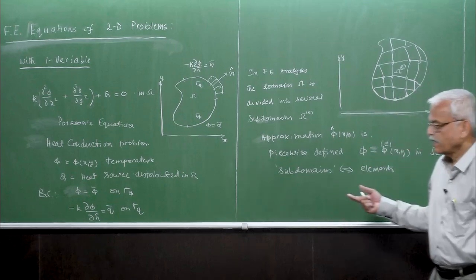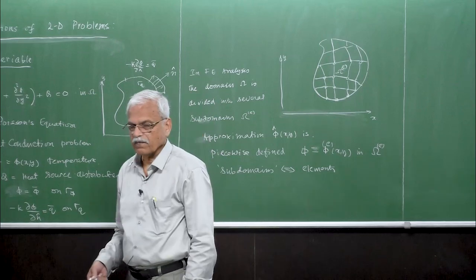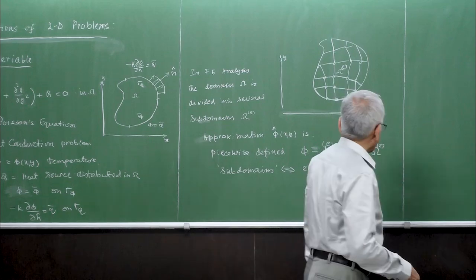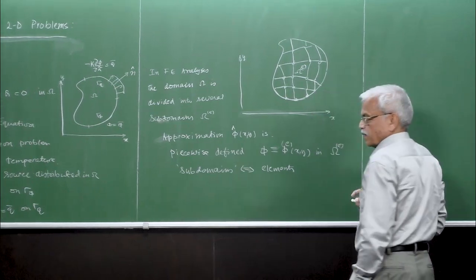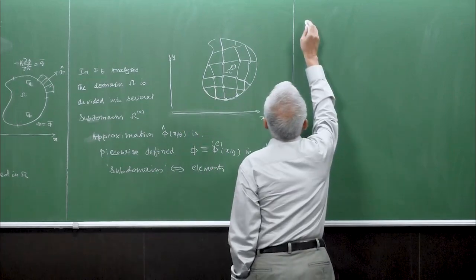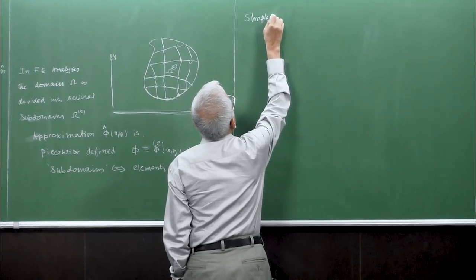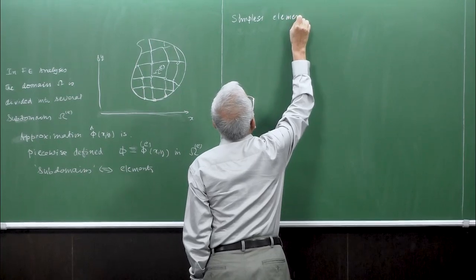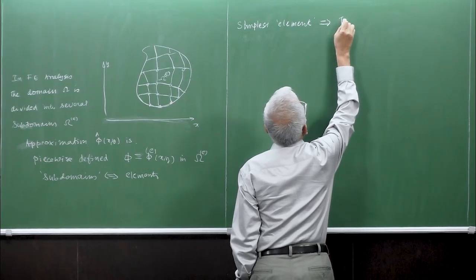So depending upon the shape and the requirement, we may have different approximations. One of the simplest elements here is the triangle. The simplest element is the triangle.